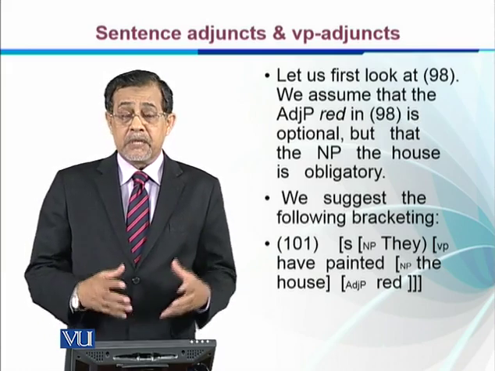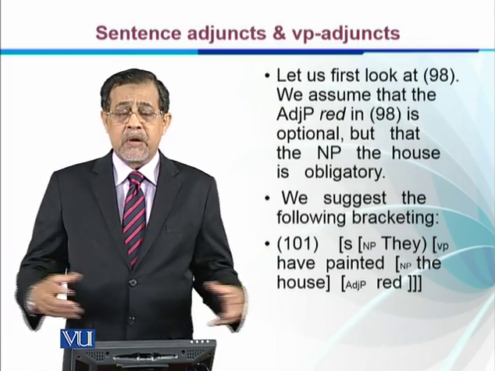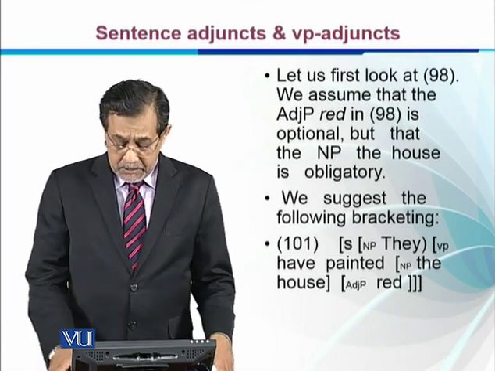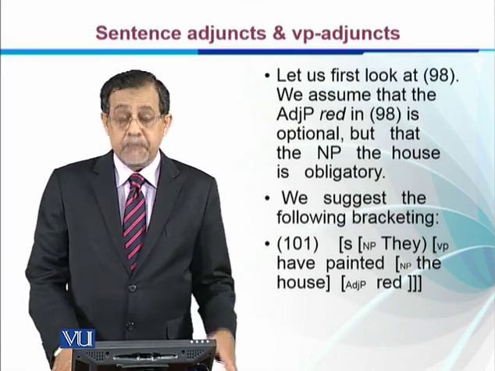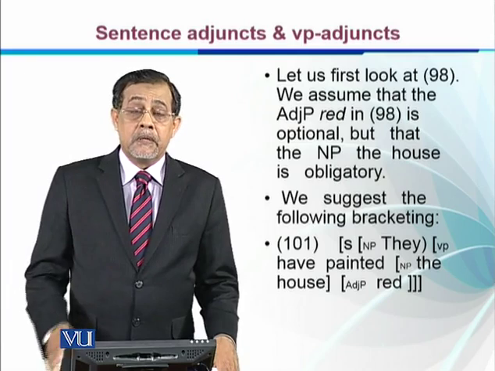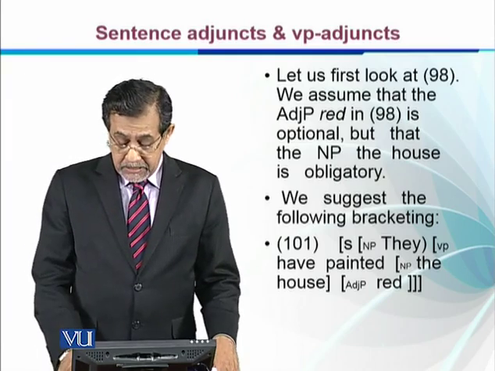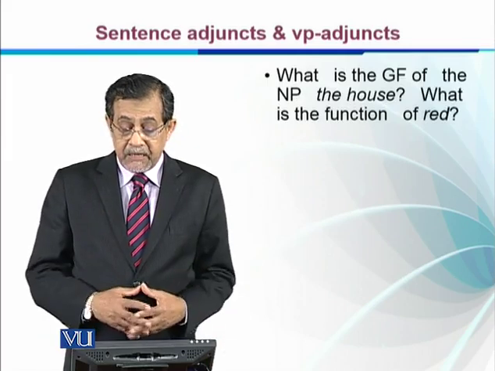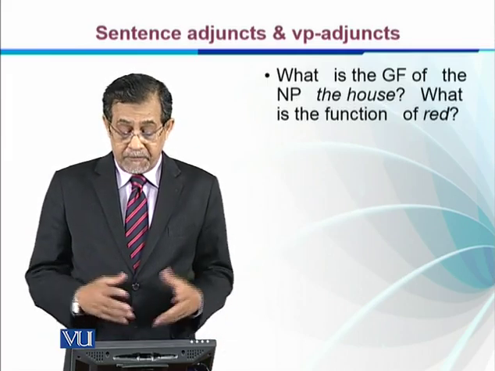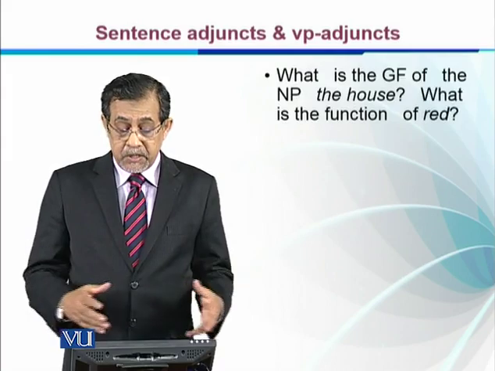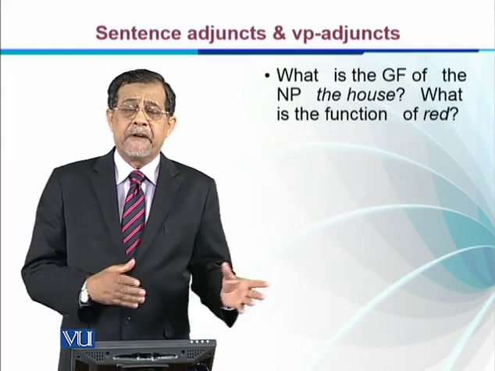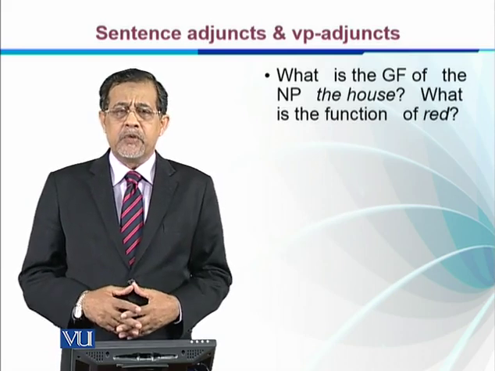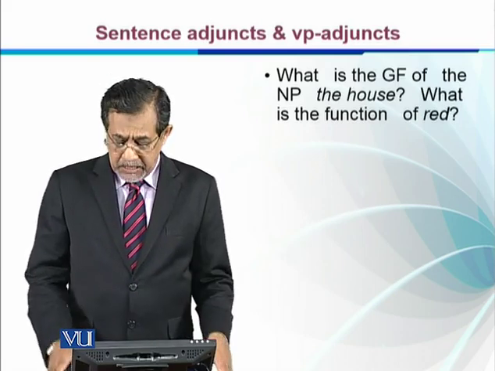But in other sentences which seem to have the same structure, the adjective phrase may not be omissible. We'll have to look at the structure of the sentence. For example, what is the grammatical function of the noun phrase "the house", and what is the function of "red"? "Red" in fact modifies the verb as well as it is related to the noun phrase "the house".